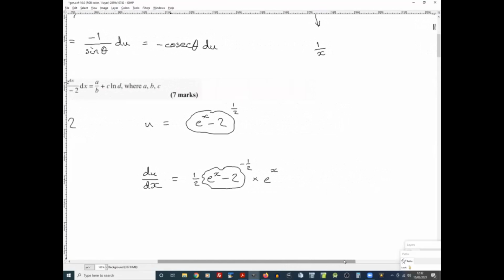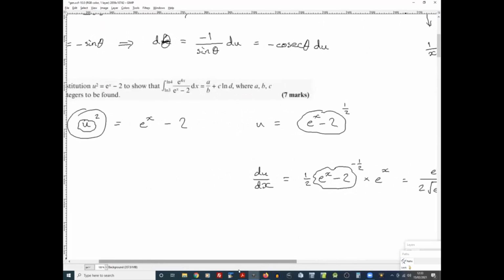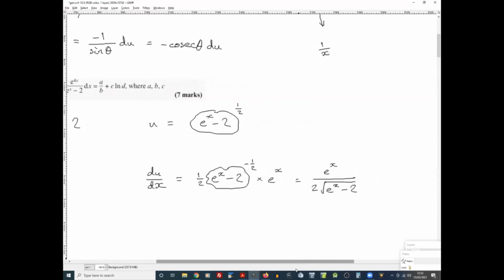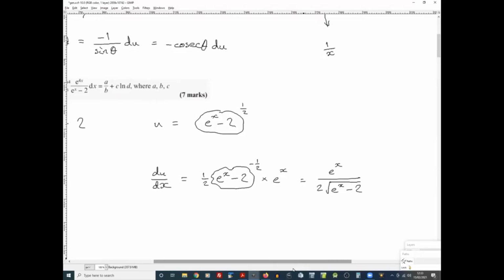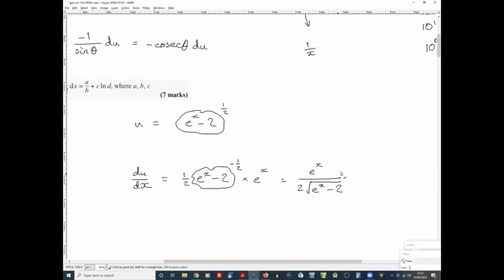Which we could rewrite as e to the x over... Or in terms of u, notice.